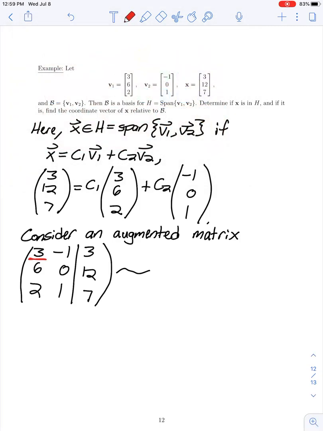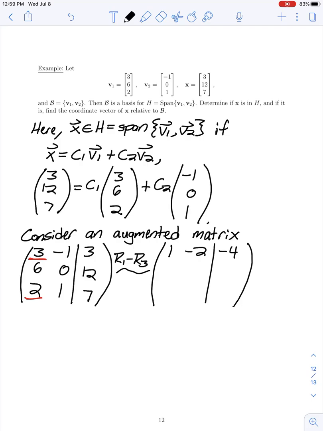So I know I want the leading entry in our first row to be a 1 instead of a 3. So one way I could get it is using the 2 from my third row and subtract that from my first row. So that is row 1 minus row 3, which makes my first row 1, negative 2, and 3 minus 7 is negative 4.